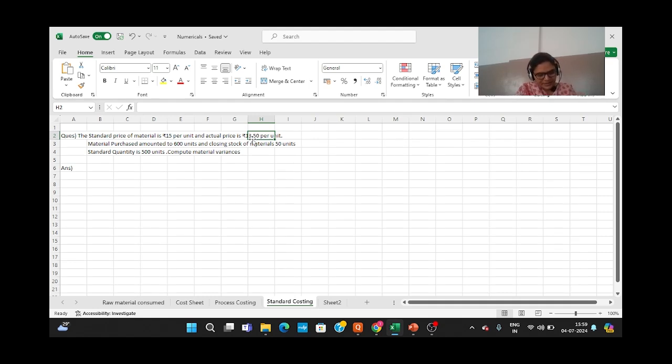Now they are saying material purchased amounted to 600 units and closing stock of material is 50 units. Standard quantity is 500 units.